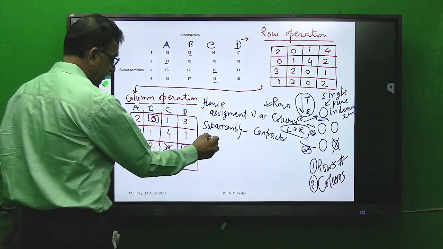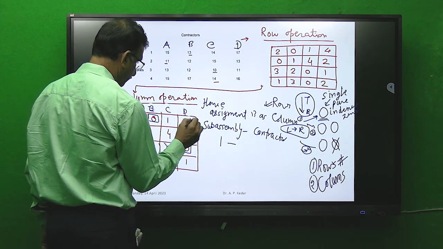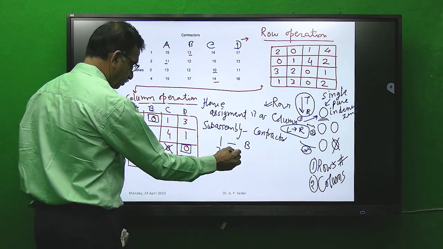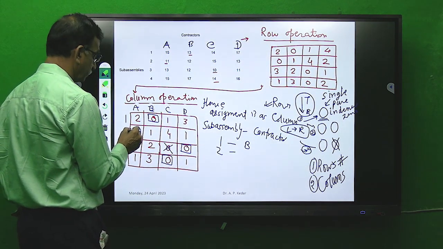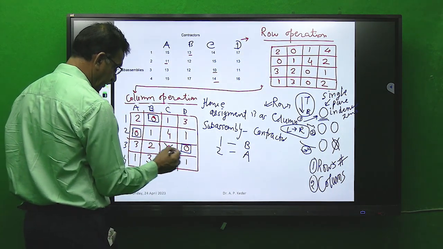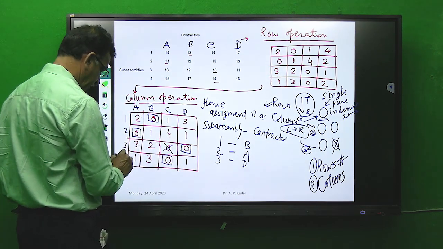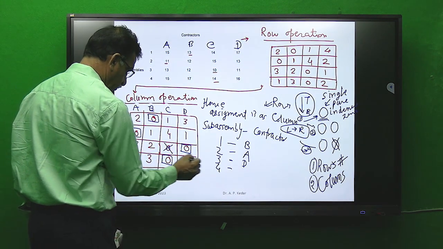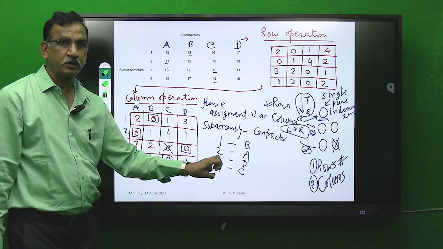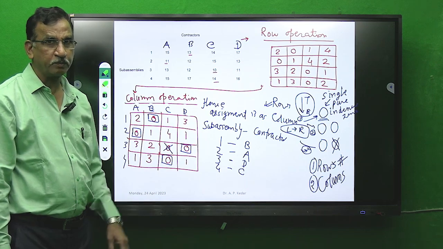So I will write sub-assembly 1 with contractor, if we name it as B, sub-assembly 2 to contractor A, sub-assembly 3 to contractor D, and sub-assembly 4 to contractor C. This is the way how you have to interpret your result of assignment problem.